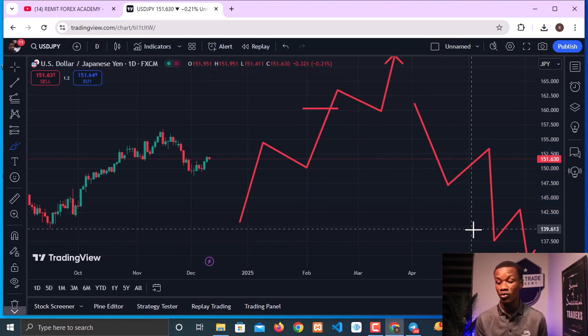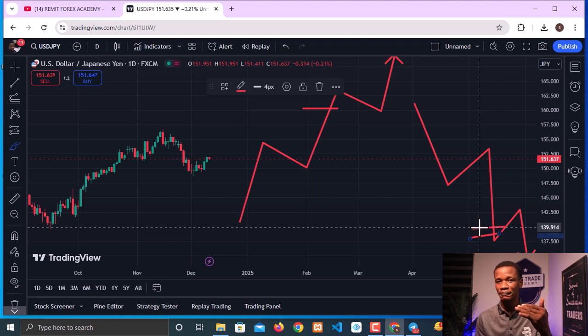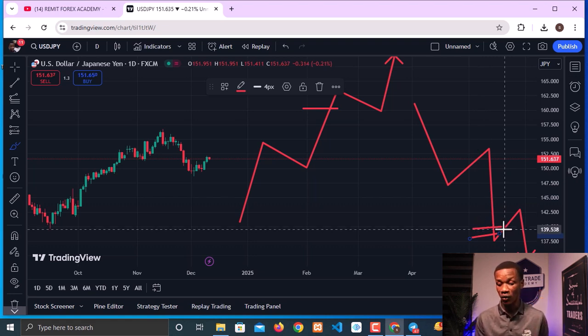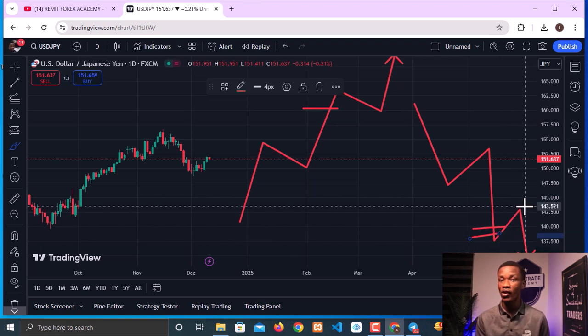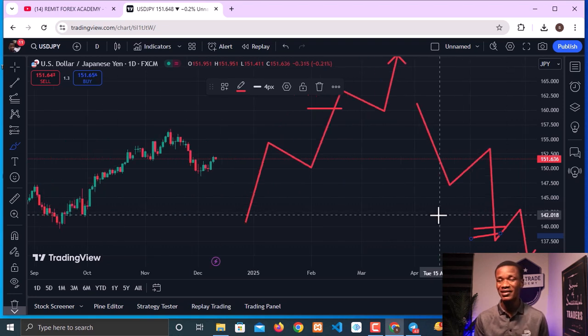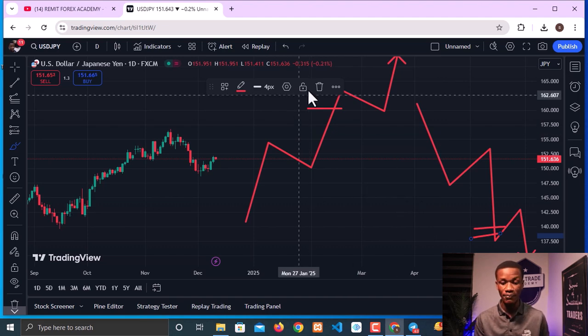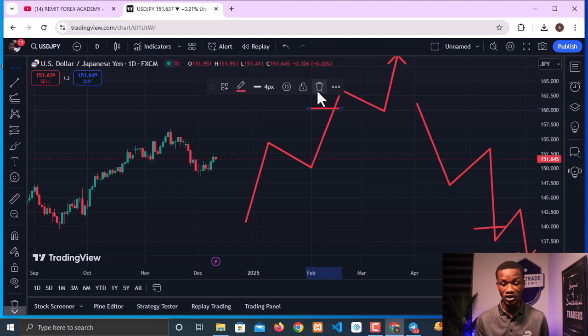So when you know the possible area where the market is going to end the impulse, then you set your take profit target within that zone, because from that area the market is going to have a retracement, also giving you another opportunity to enter the market again. So this is the core basics about the Fibonacci extension tool. It helps you know the area or possible zone for profit collection in the market.